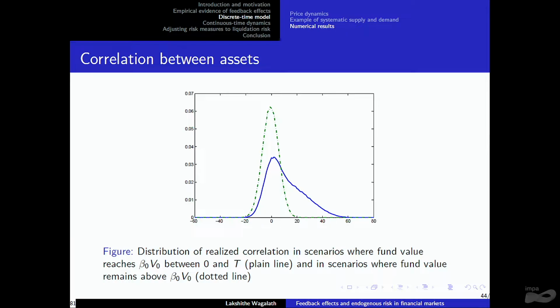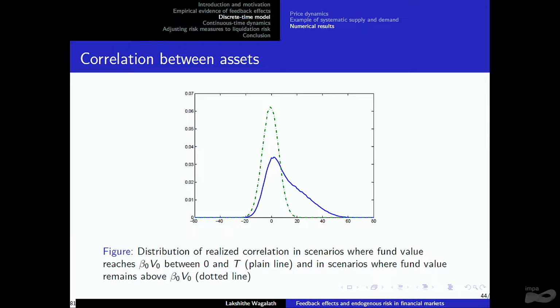It's precisely when things go bad, so when the fund loses more than 5%, that the two assets in the portfolio are going to behave in the same manner. So that's actually caused by no one else than the fund. It's the fund's own behavior that is generating this fat tail. And of course, it's bad for the fund. It's also bad for any other investor who is holding one of those two assets.